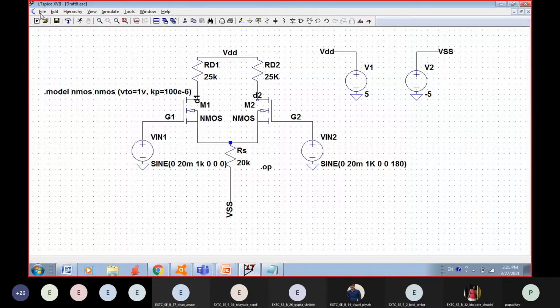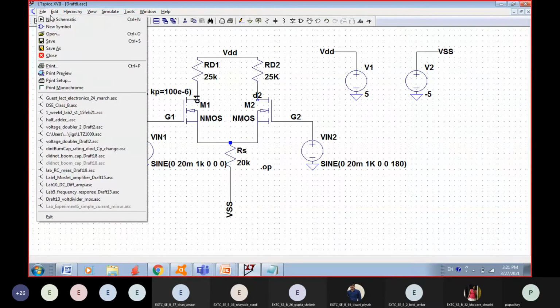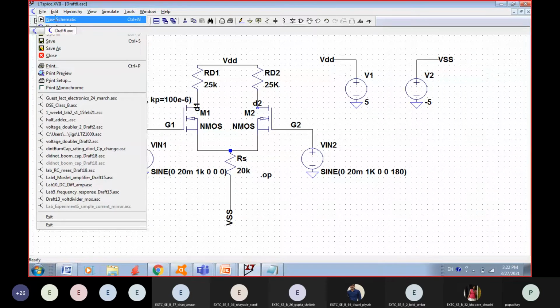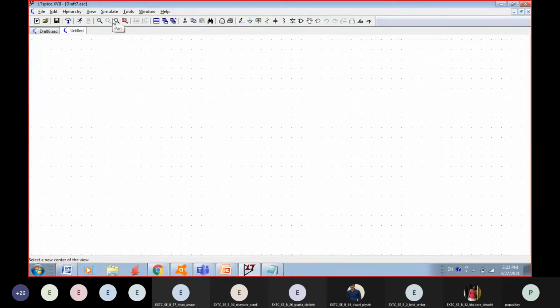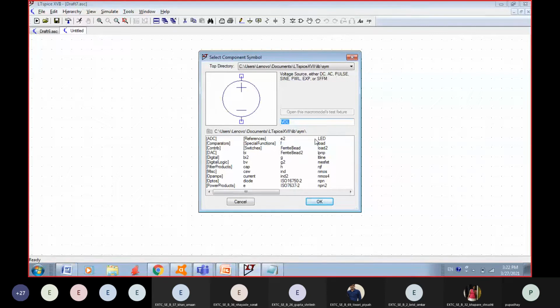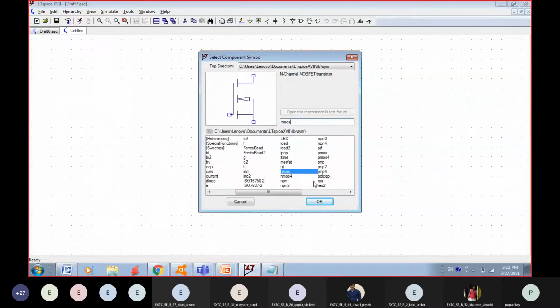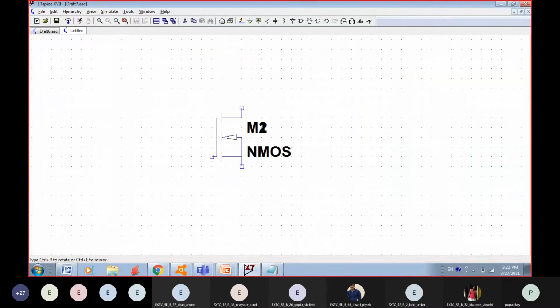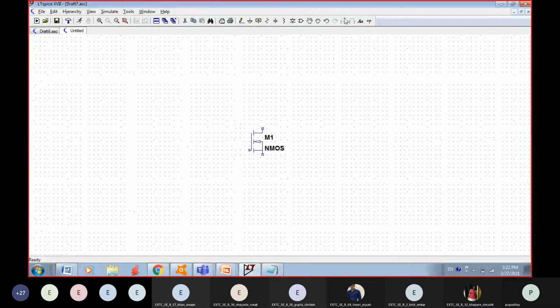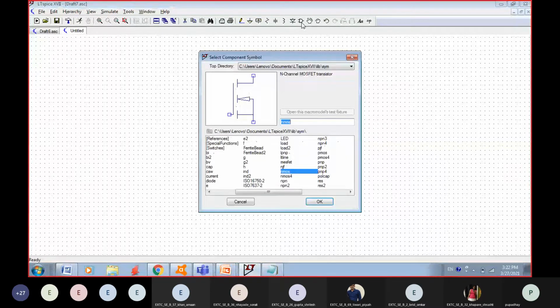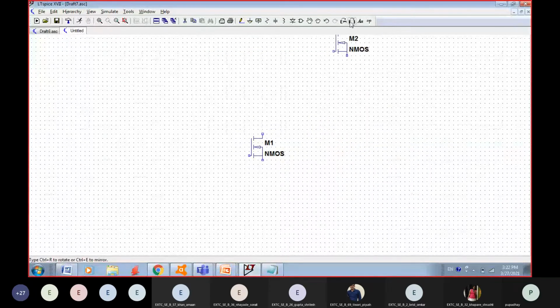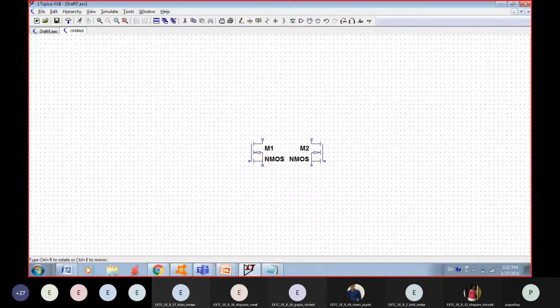Let's see, new schematic and select components. We're going to select NMOS. Keep it here. Second NMOS. Before selecting the second NMOS, just zoom out, because we have to fit a number of items here. There is one more NMOS. Just mirror it so that we can place them one after the other.